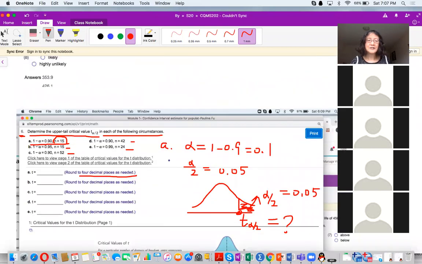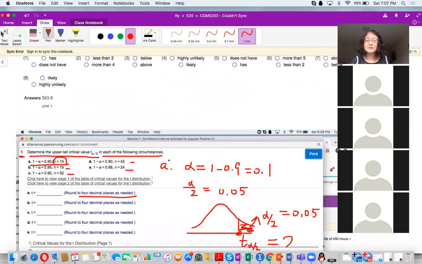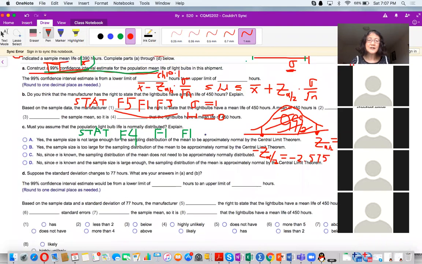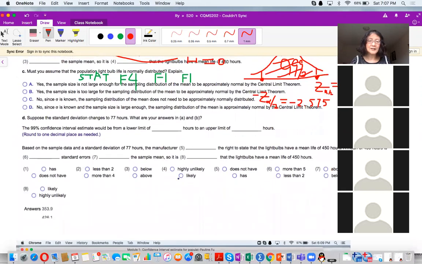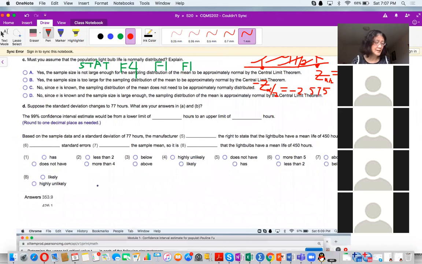All right. So that is section 2, confidence interval estimate for population mean when you use a T distribution. In the textbook, this formula is for section 2 in chapter 10.